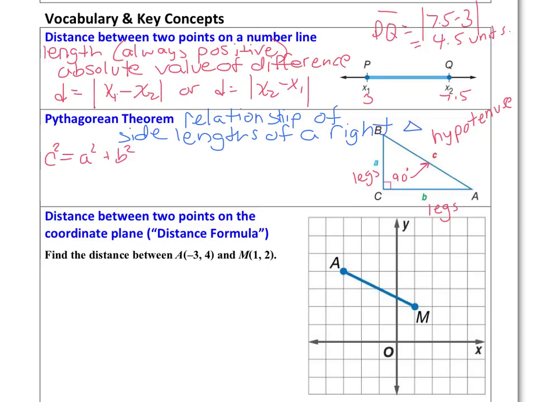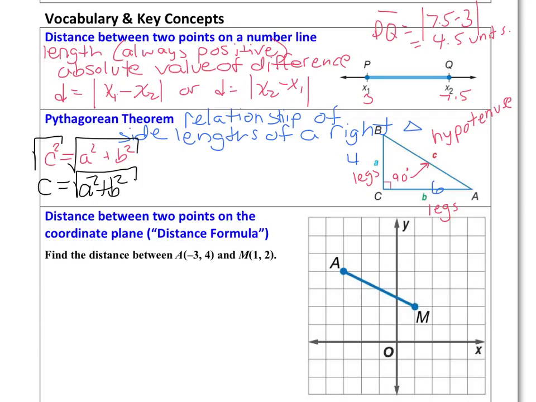Now if I wanted to solve for c, I would undo that square with the square root. If I take the square root of a square, I undo that operation. So I have c equals the square root of a squared plus b squared. Let's throw some numbers at it. So let's just say side a here is equal to 4, side b is equal to 6.